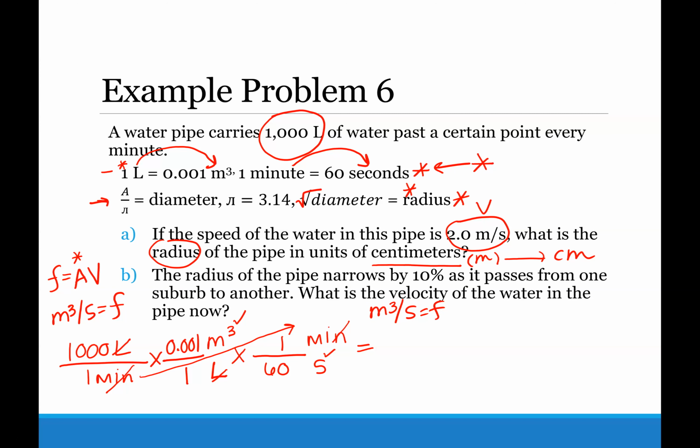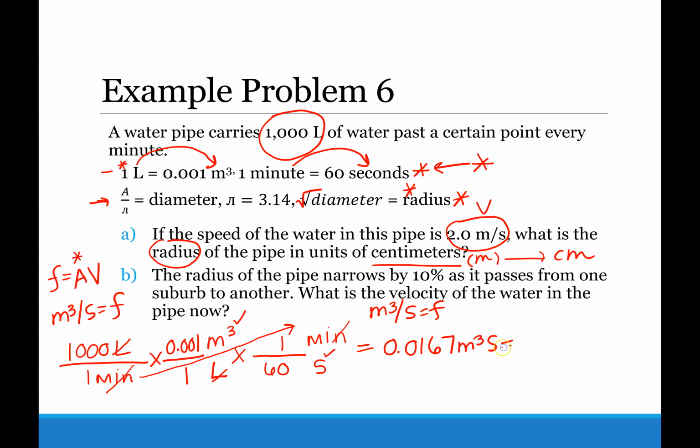And so converting this way leaves us in cubic meters per second for our volume flow rate. So in our calculators, I'm going to go ahead and go to scientific mode. So 1,000 times 0.001 divided by 60 equals 0.0167, or 666 bar if you want to put 6 bar, but I'm going to put 0.0167 cubic meters per second.